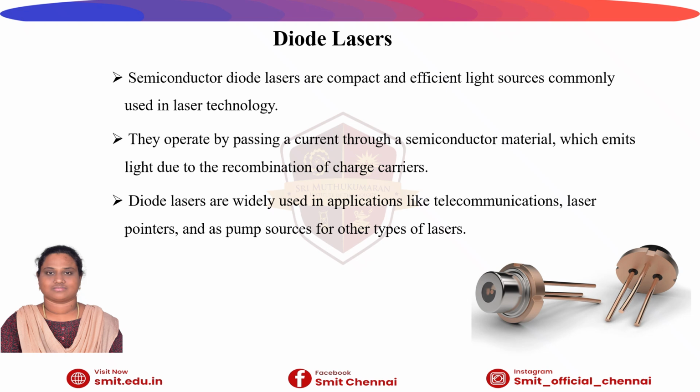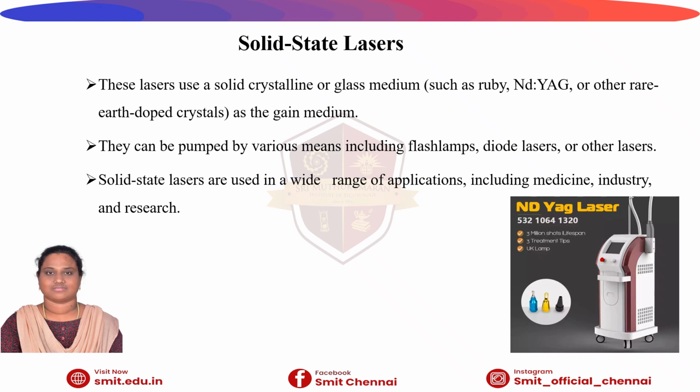These semiconductor diodes are compact and efficient light sources used in laser technology. Here they operate by passing a current through a semiconductor material which emits light due to the recombination of charge carriers.